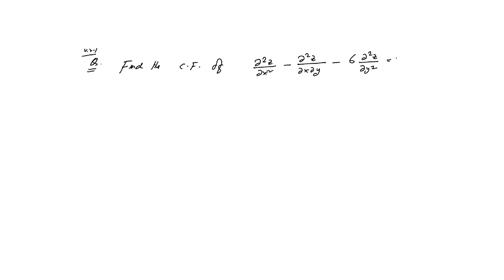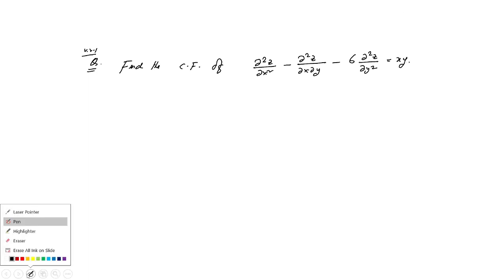Now, if you are asked that kind of question, this question is very very important. So find the তুমি যেমন কোশ্চেন করা হয় যে find the complementary function of del^2 z/del x^2 minus del^2 z/del x del y minus 6 del^2 z/del y^2 equals to x.